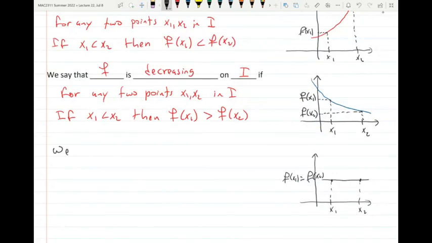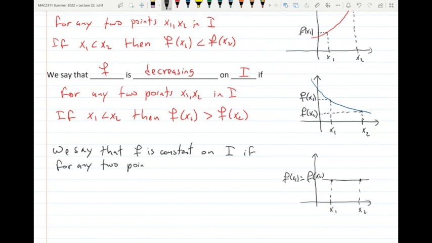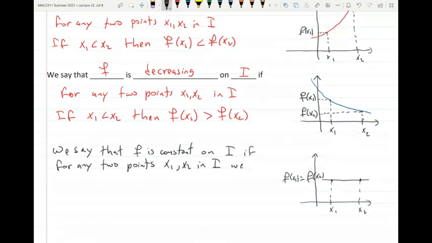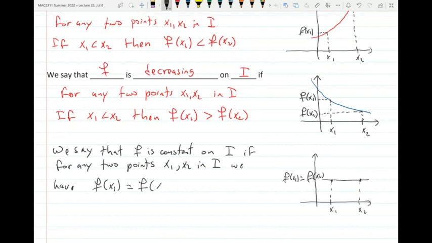So we say that f is constant on an interval I if for any 2 points x1, x2 in I, we have that f of x1 equals f of x2. So that's what it means for a function to be constant.